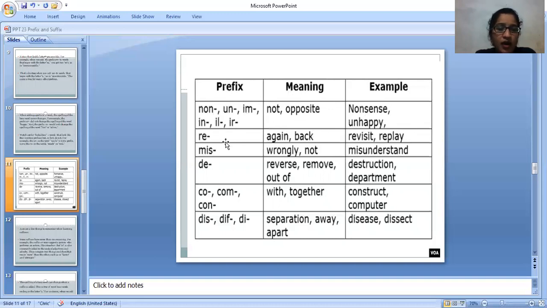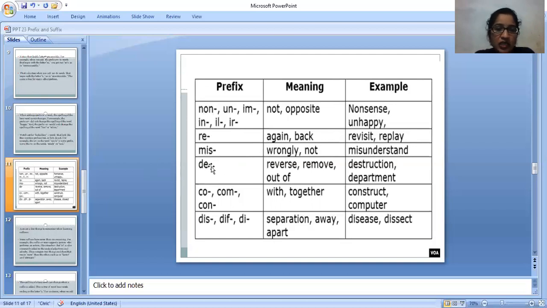Again, the prefix re gives the meaning of again or back: revisit, replay. And when you add the prefix mis, mis always gives the meaning of wrongly or not or negative, right? Mis, to misunderstand. And mostly these mis, un, im, non prefixes are used to create opposite words.